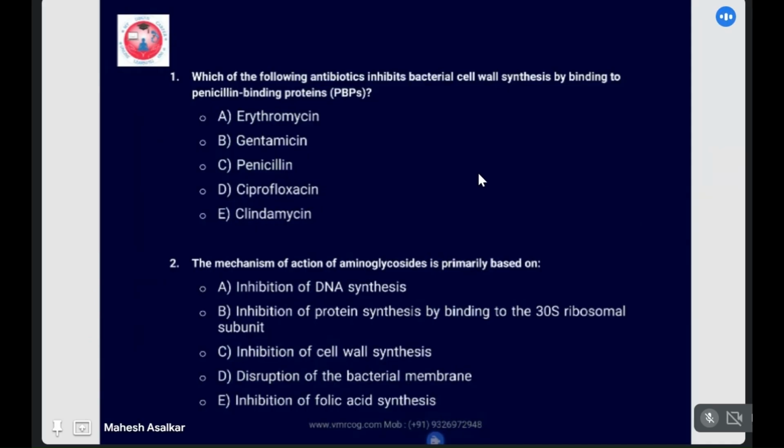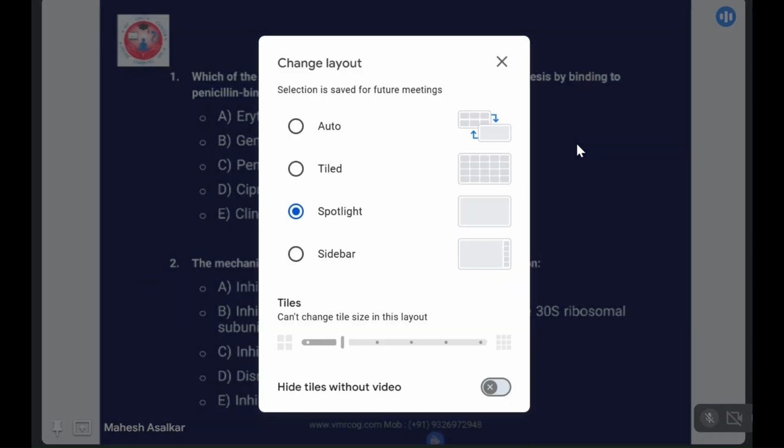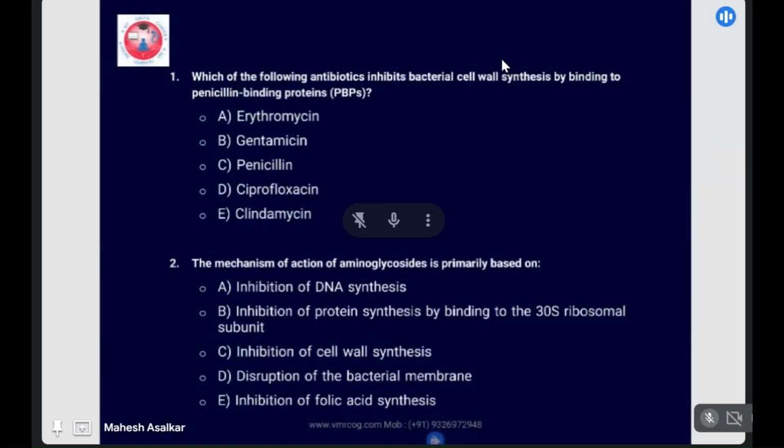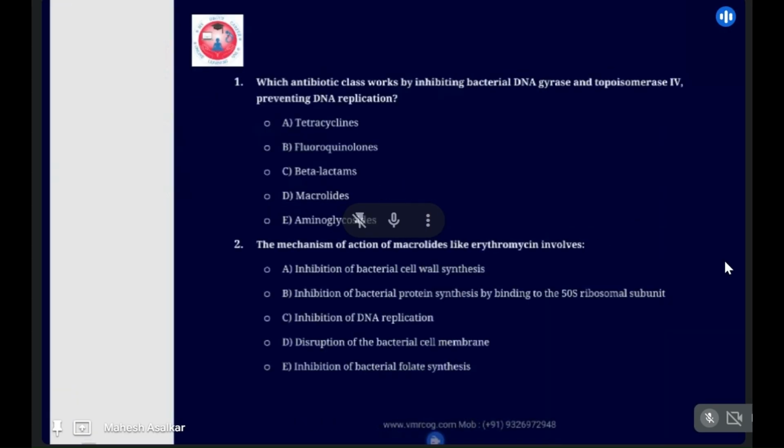Mechanism of action of antibiotics is important from the examination point of view. Don't remember only inhibition of protein synthesis, but how, by binding to the 30S ribosomal subunit, because another antibiotic will bind to the 50S ribosomal subunit. Okay, so we go ahead with the next question.